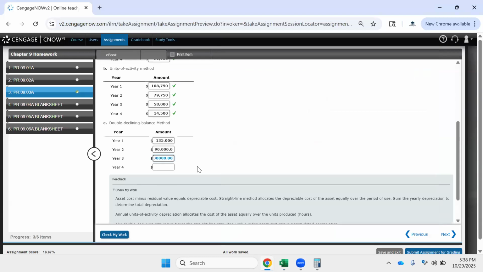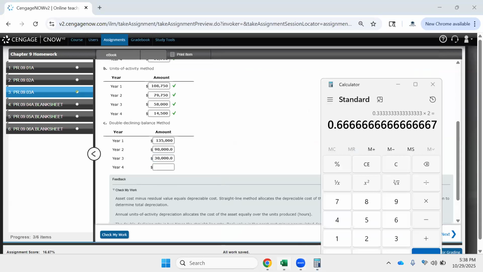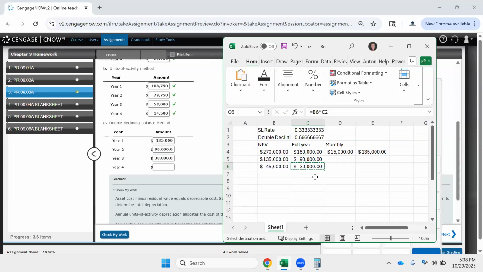And we're going to multiply that by our double declining rate to get $30,000 in depreciation. And our remaining net book value is $15,000. And if we take our rate times 66.67%, we get 10,000 in depreciation under this method in the final year.